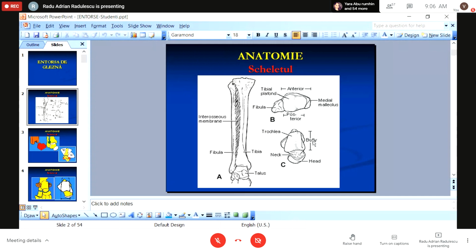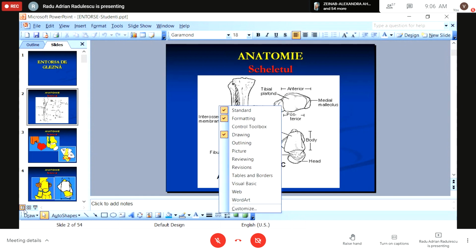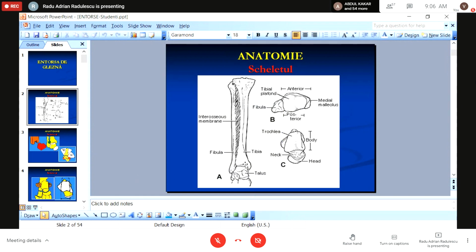That means that depending on that part of the trochlea which is in the joint, the proximal part of the joint, meaning the fibula and the tibia, must adapt all the time to the size of that part of the talus which is in the joint at that moment.